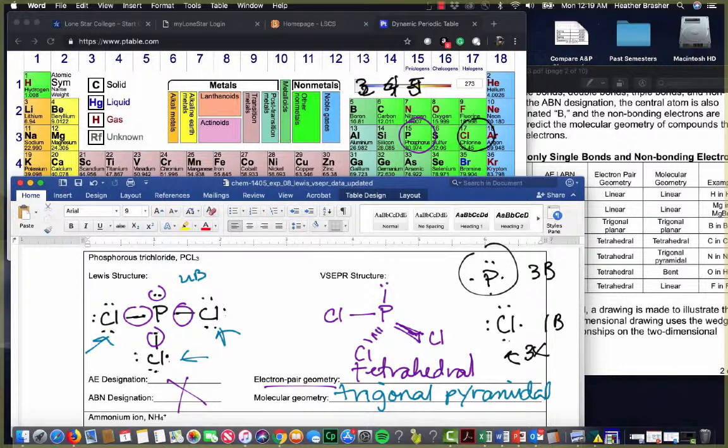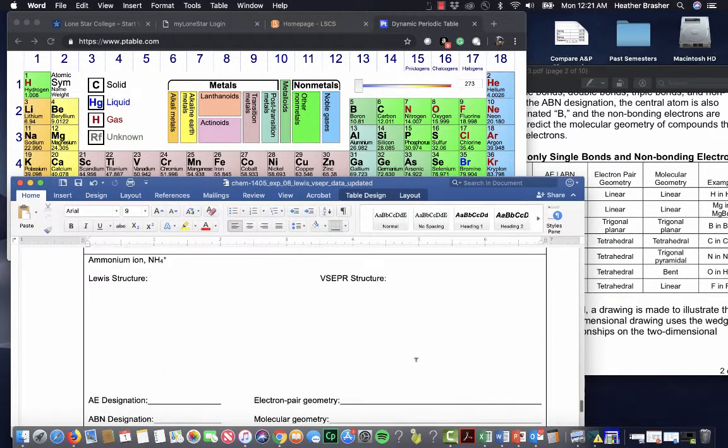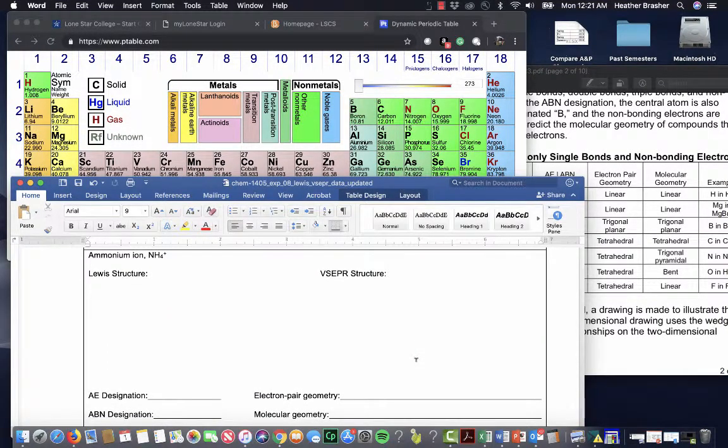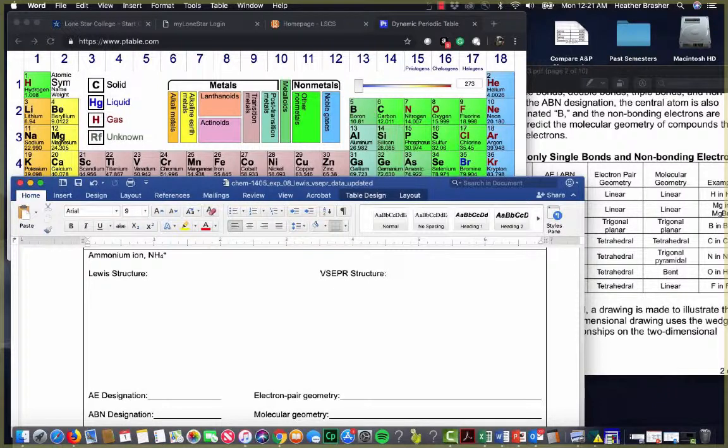And we have 2 left. Ammonium ion. So we have a nitrogen and a hydrogen. So we have 3 here, and the hydrogen is 1.